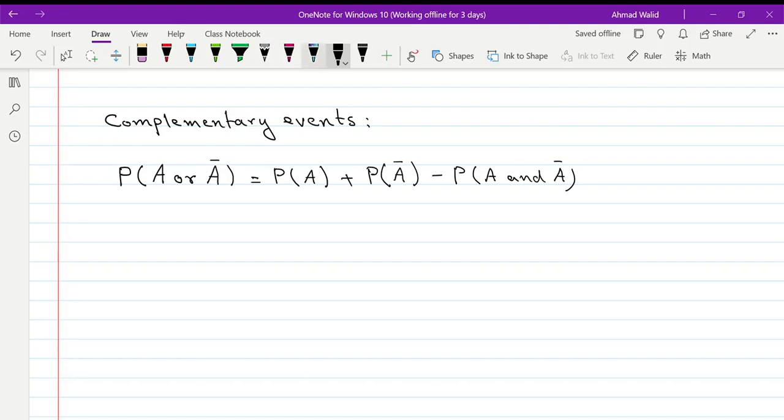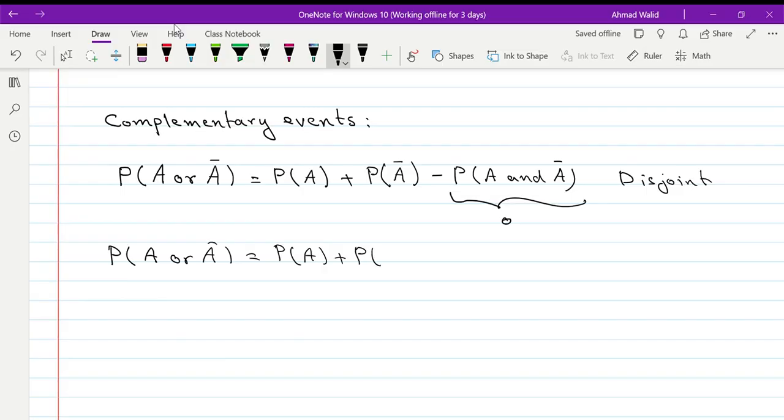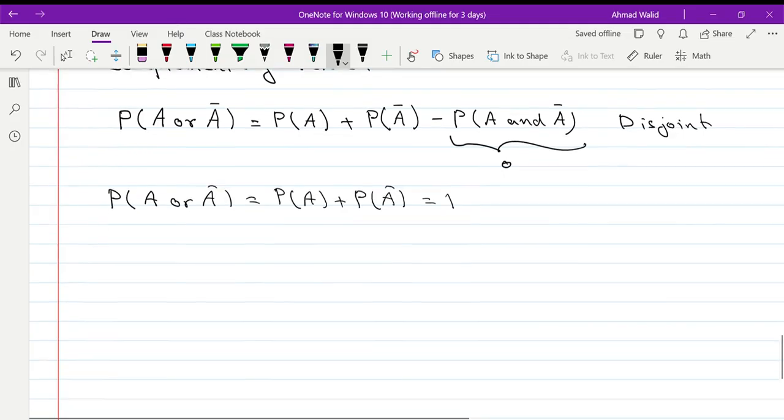So P of A and its complement is a disjoint event, right? Then, if it's disjoint, this part becomes 0. Then you can say probability of A or the complement of A equals P of A plus P of A bar, and you already know it's always equal to 1. Correct?